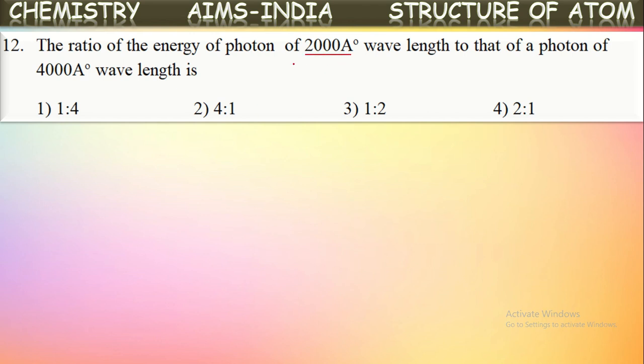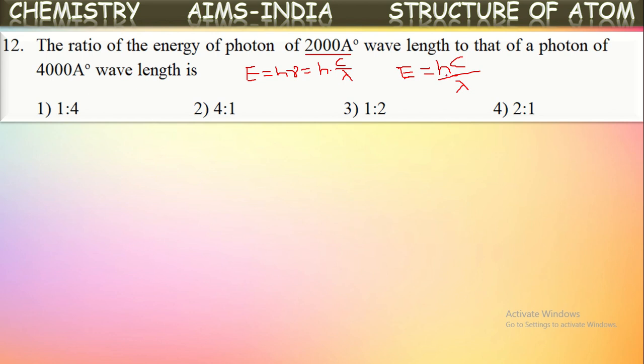Between the wavelength and energy there is a relation, that is E is equal to h nu, or h into c by lambda, because nu is equal to c by lambda. Now we can say energy E is equal to hc by lambda. By substituting the values of hc and lambda, we can calculate the energy of each photon and we can calculate the ratio. That's one way. Otherwise, directly also we can do this problem.